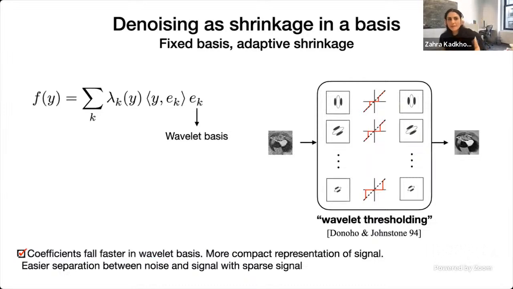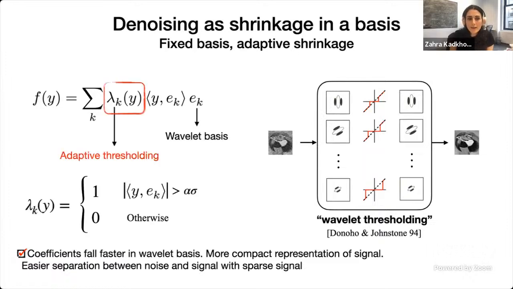So fast forward after 50 years, with the emergence of wavelet decompositions, we realized that image coefficients fall faster in the wavelet basis. So that was better because now we can make better denoisers.